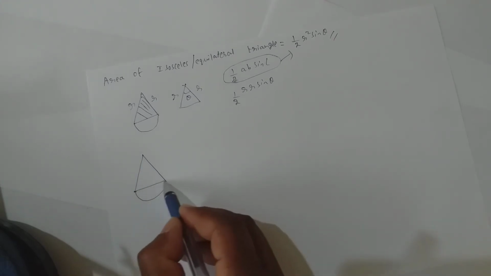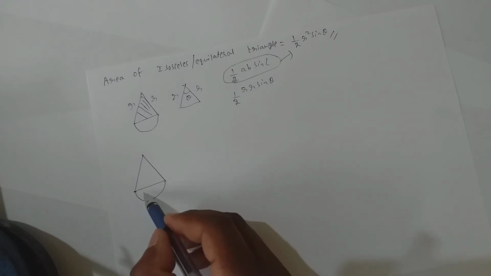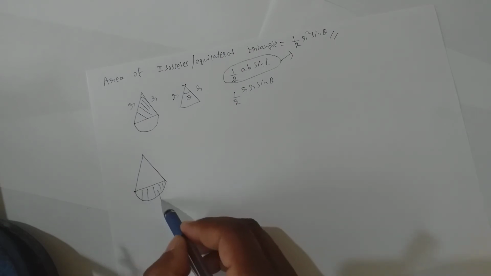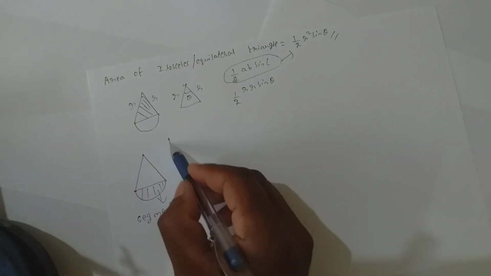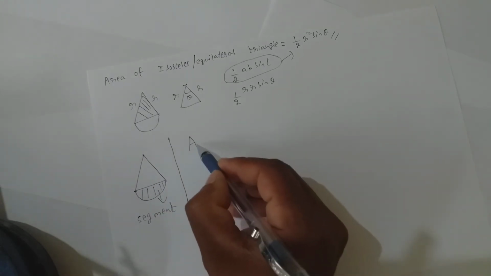Now, it's a sector. If I break it, I get a triangle and this part. What is this part called? This part is called segment. Am I clear? That part is called segment. Now if I want the area of segment, how do I get it?